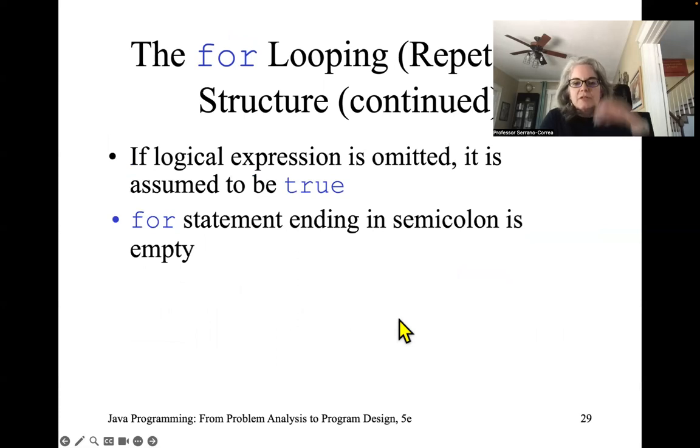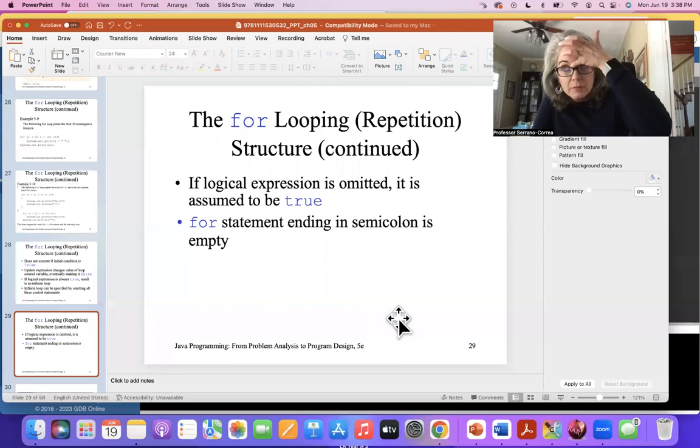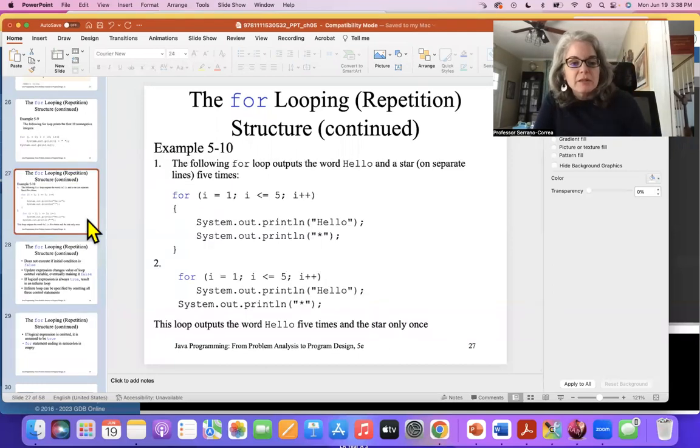If logical expression is omitted, it is assumed to be true. For statement ending in semicolon is empty. So if you end a for loop in a semicolon or a while loop in a semicolon, then it's just not going to do anything. So you can't put a semicolon here at the end.